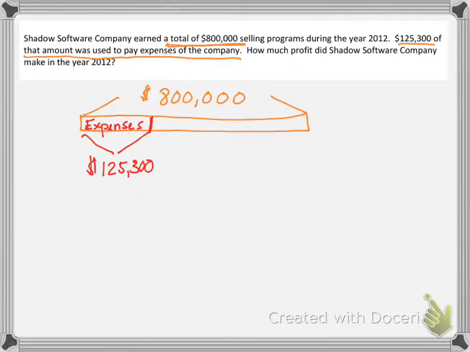Okay? Now, if we read on the question, how much profit? So we don't know how much money they made from that year of 2012. They know they took in a total of $800,000 and they spent this amount, but they don't know how much their profit was. So this side is going to represent the profit that they made from that $800,000.